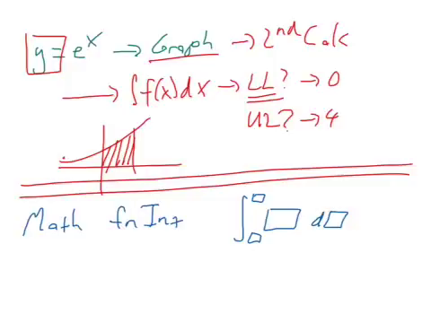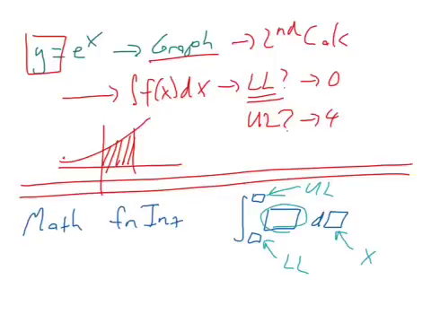This is going to be your upper bound. I'm going to call it UL for upper limit. Your lower limit, you plug that in there. This will be x, unless you want to put a different letter, and then here's where you put your formula.